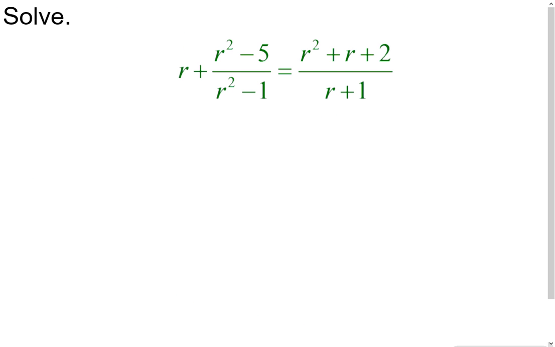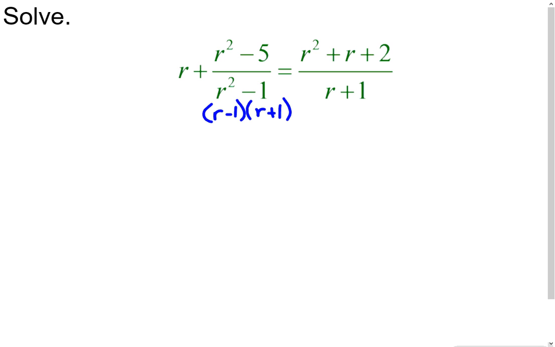Now I have one more. This one looks a little messy, but it won't be too bad. So we want to find that common denominator so that we can multiply everything, both sides, by the common denominator and then not have to worry about fractions anymore. So the first thing we're going to have to do is factor the r squared minus 1, which would be r minus 1 and r plus 1.